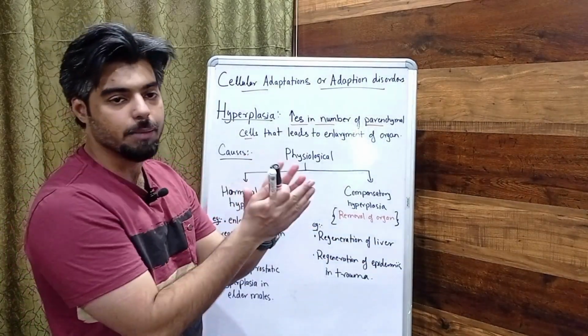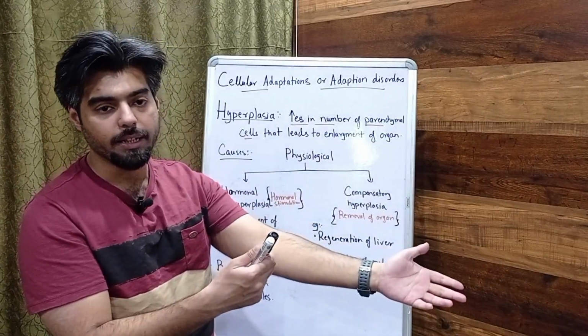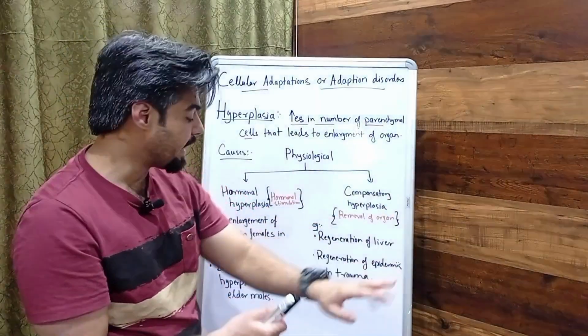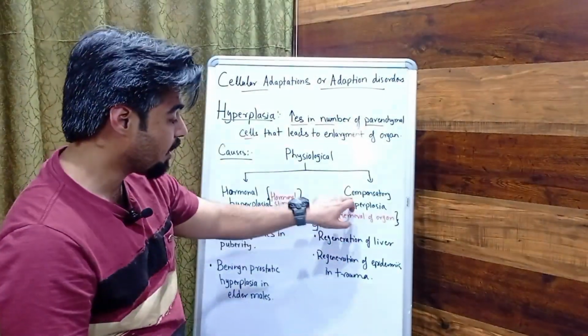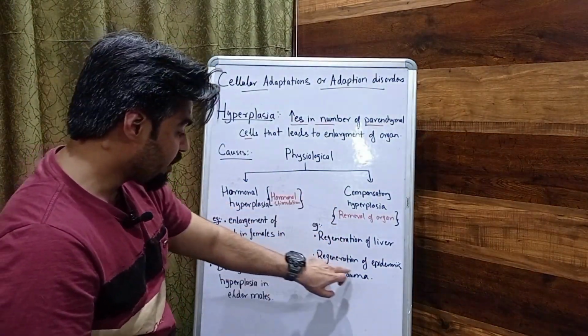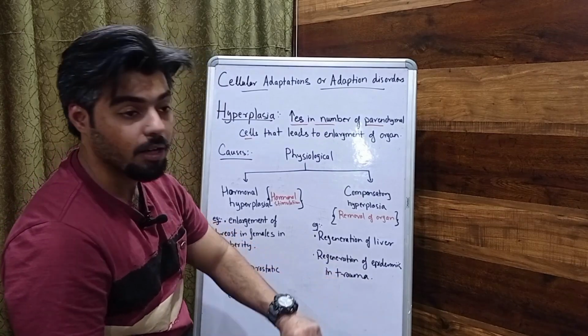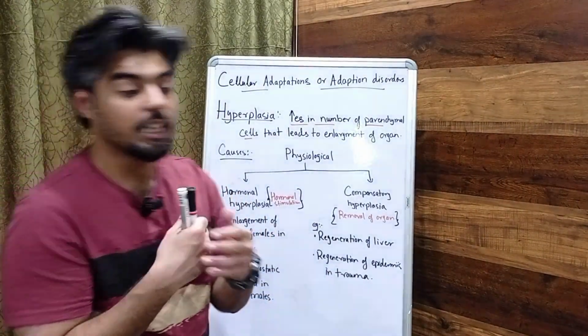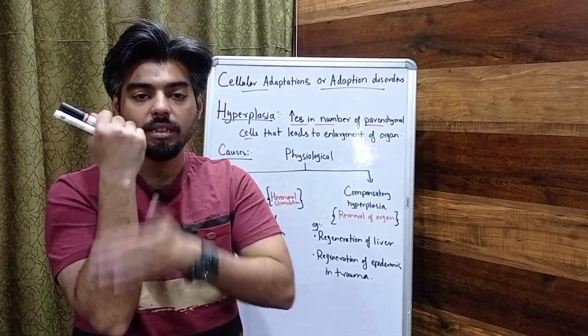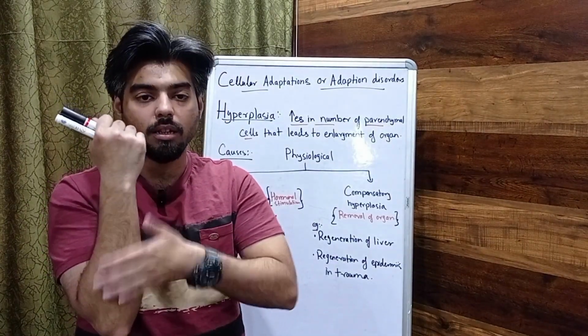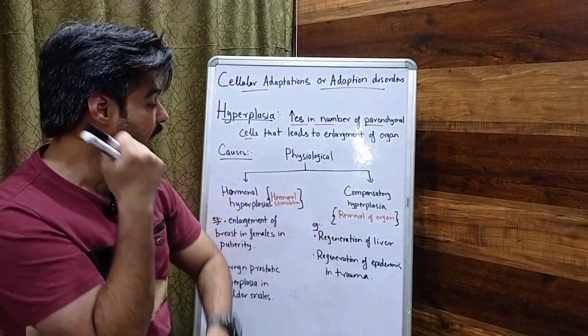A part of liver is removed and it is donated. For a donor, that time, regeneration of the liver occurs. That is the example of compensatory hyperplasia. Next, regeneration of epidermis in trauma or in case of abrasion, sudden fall, abrasion occurs in the skin, so the epidermis comes back. That is one of the examples of compensatory hyperplasia.